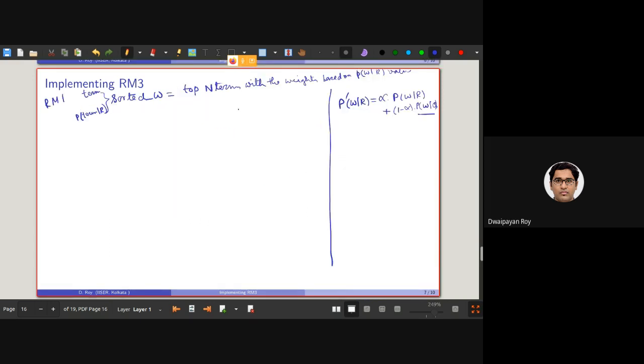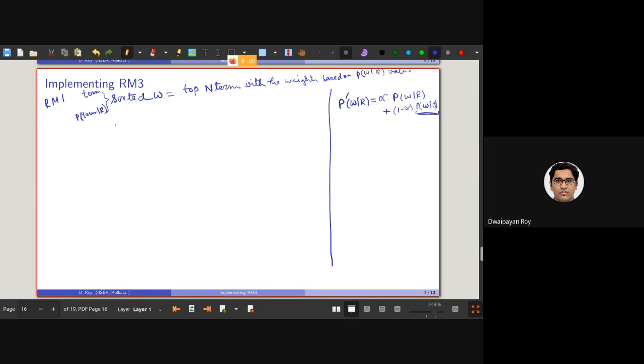After getting this sorted W, sorted weights or sorted words, based on a parameter here, first of all, we need to compute this.